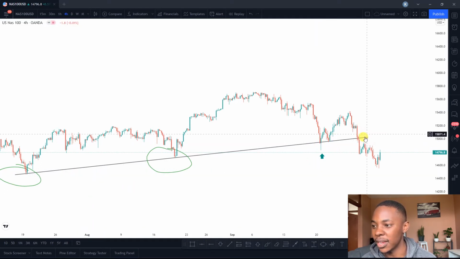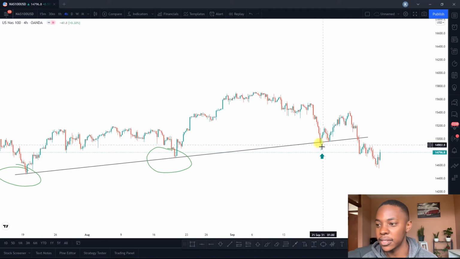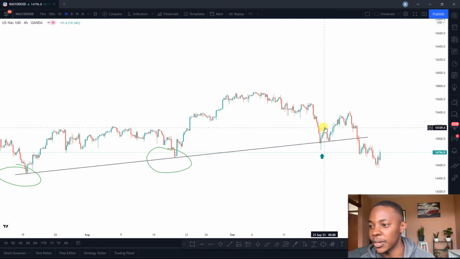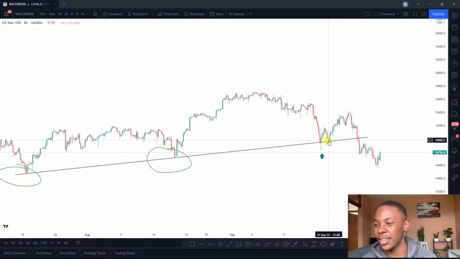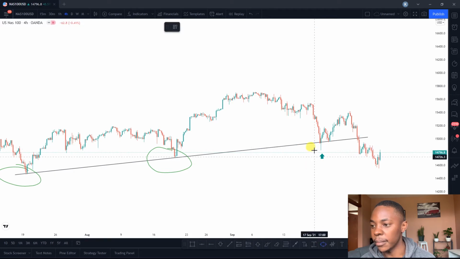It didn't break outside, it closed right on the support. So as you can see, it went up, came back, creating a smaller double bottom, giving you another confirmation to the upside.